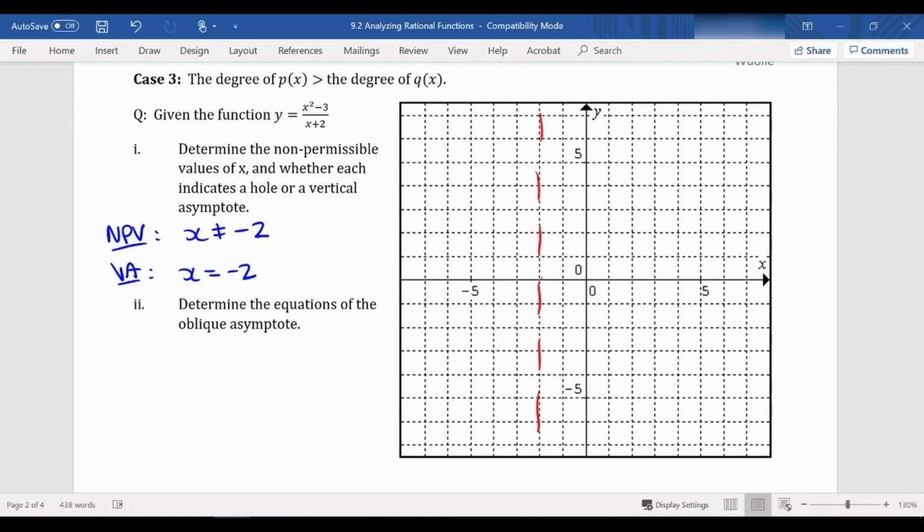So if you did not take a look at the extra chapter 3 stuff, this is going to be difficult to do. Basically, what you need to do is divide these two polynomials, which is from section 3.2 and 3.3 of the year. So if you haven't taken a look at those yet, this part of the section will not be possible. But what we need to do is divide.